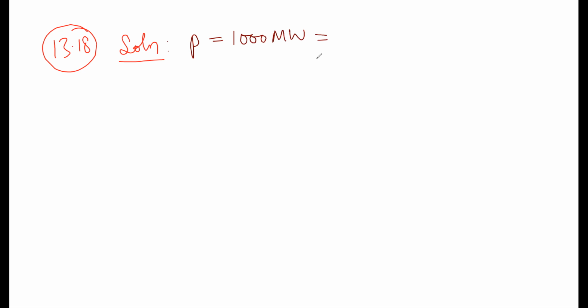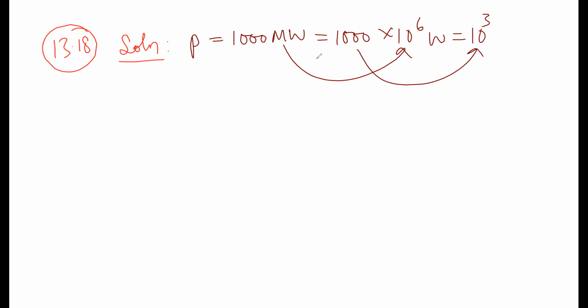We can write this as 1000 into 10 to the power of 6 for mega, with watt kept as it is. Writing 1000 as 10 to the power of 3, we get 10 to the power of 9 watt. Power is always measured in watt, and we know the power formula: power is energy divided by time.